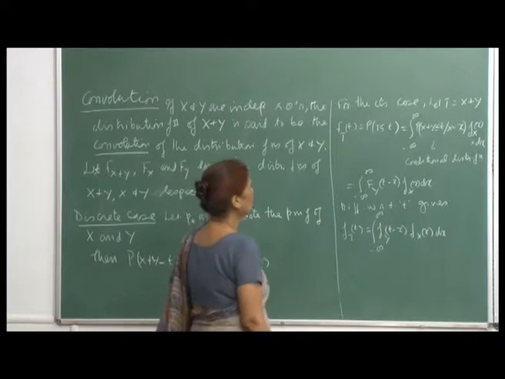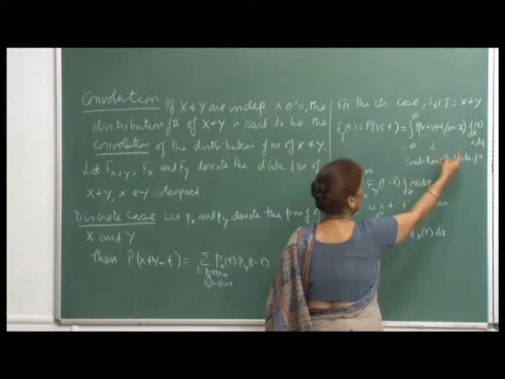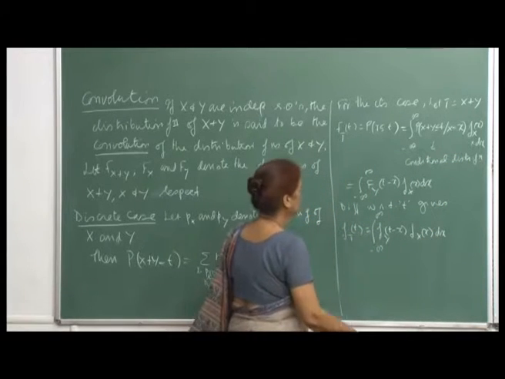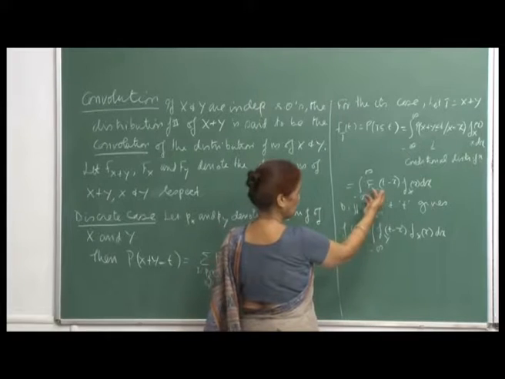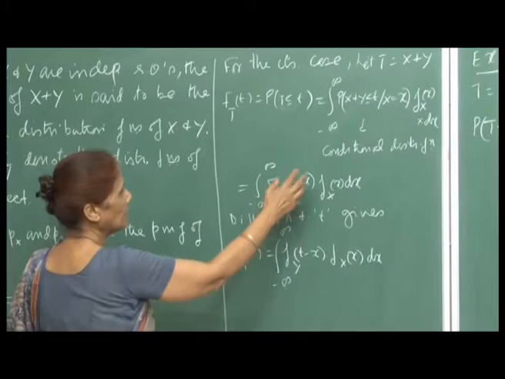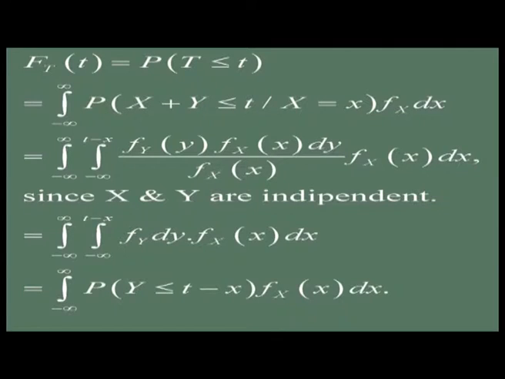I have used the concept of conditional distribution here. So, in terms of capital F Y and small f X, you can write this as the integral from minus infinity to infinity of the probability that X plus Y is less than t conditioned on X equal to x, times f X of x dx. This we can write as the integral of f Y of y from minus infinity to t minus x, times f X of x dx, and this we can do because X and Y are independent.